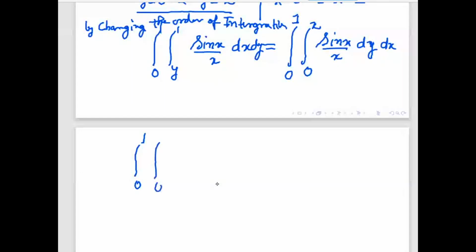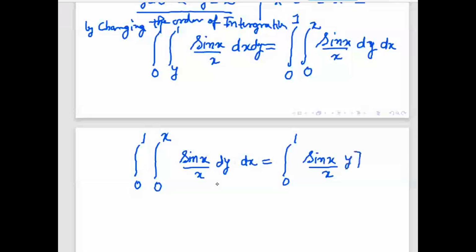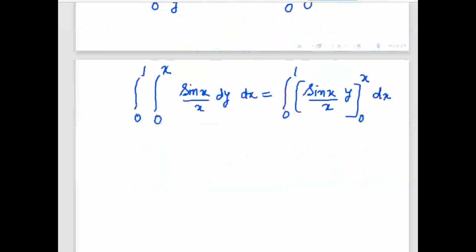Sin x by x into y. Yes, because sin x by x with respect to y is a constant. So it will give integral from 0 to 1 of sin x by x into y, and then we apply the limit from 0 to x, and then dx. So this limit is for y.